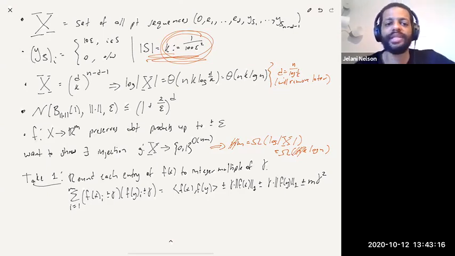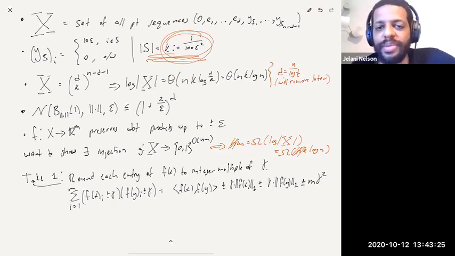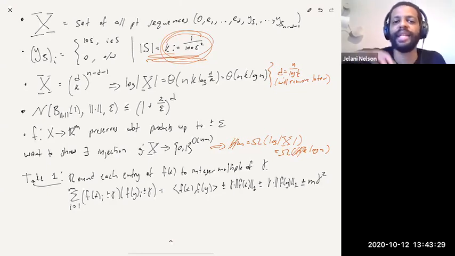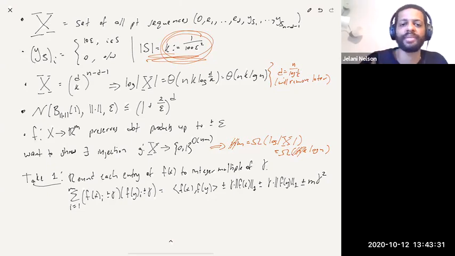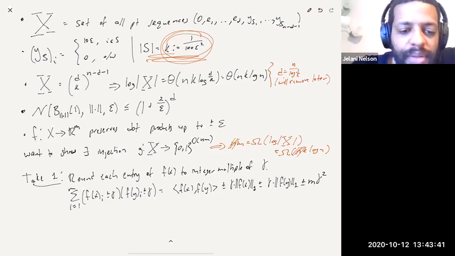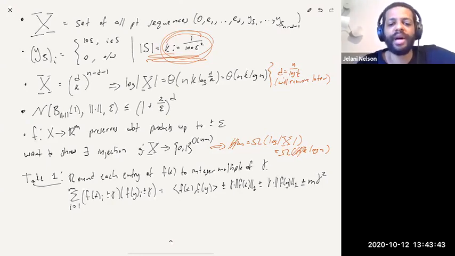If a dot product is 10 epsilon, i is in S. If it's 0, it's not in S. After you apply f, it's either between 9 and 11 epsilon, or between minus epsilon and epsilon. There's still a gap. It's either at least 9 epsilon or at most epsilon, or at most 2 epsilon, sorry. At most epsilon. So there's still a gap. And the claim is that even after you round the entries to integer multiples of gamma, there's still a gap.